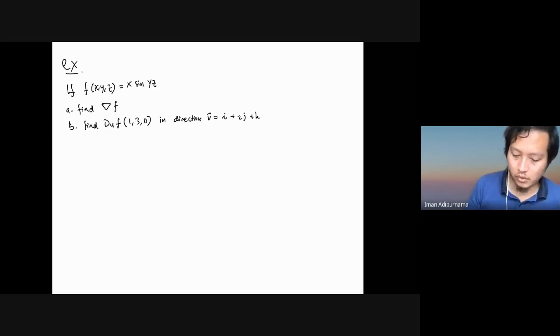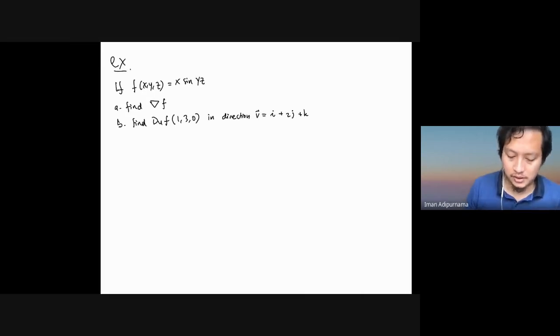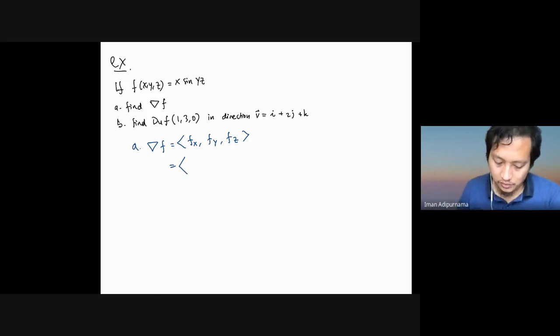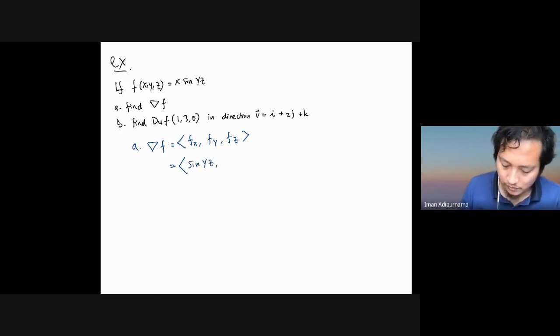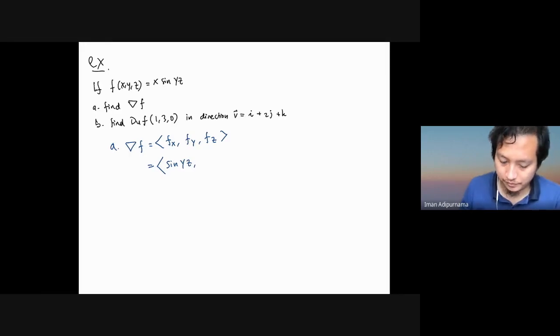Okay. Now, what we are going to do first is make the partials. Or let me just write directly the gradient vector in terms of the partials. Partial of x, we just differentiate the function with respect to x. Partial of y, and partial of z.